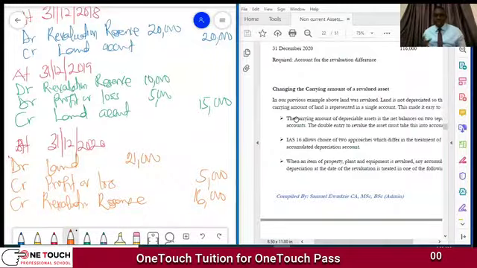So now let's talk about changing the carrying amount of a revalued asset. How do we change the carrying amount of a revalued asset?